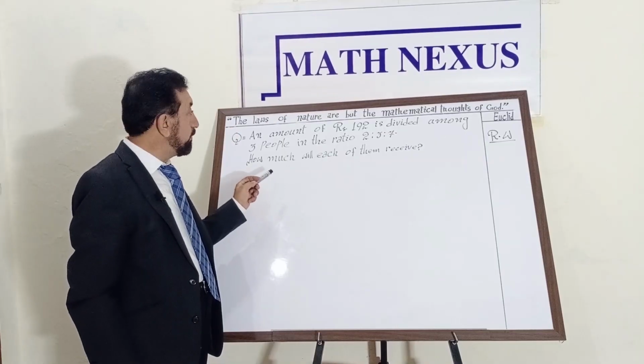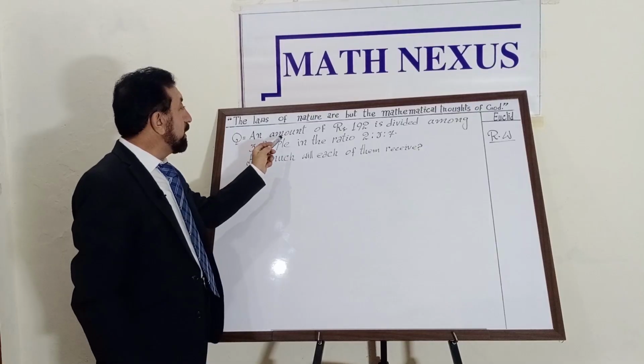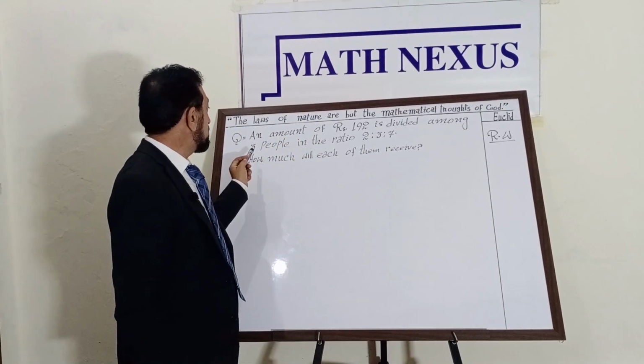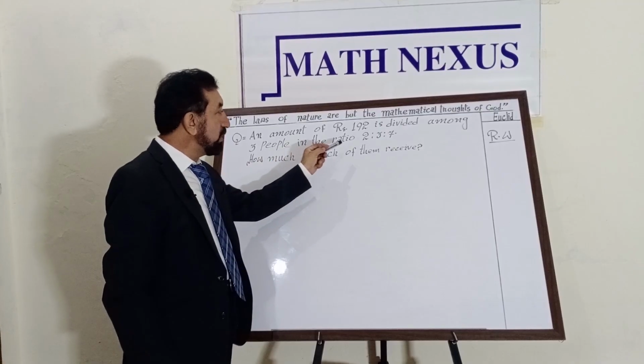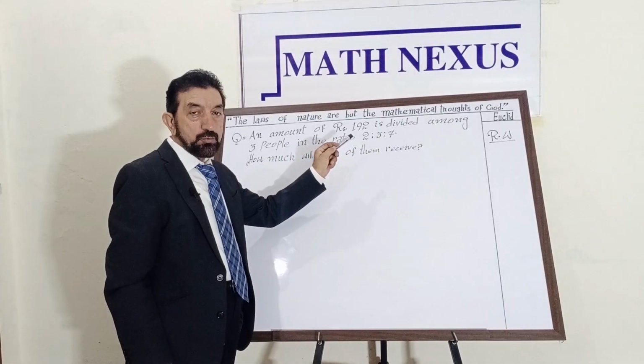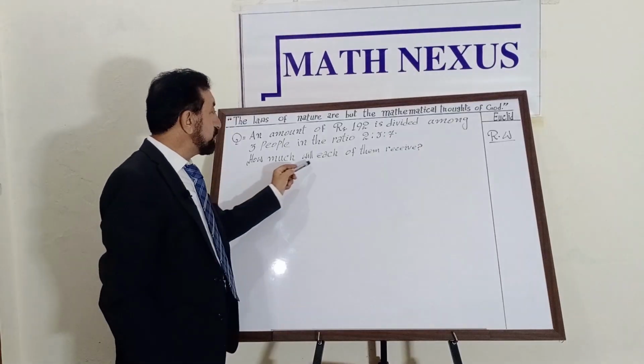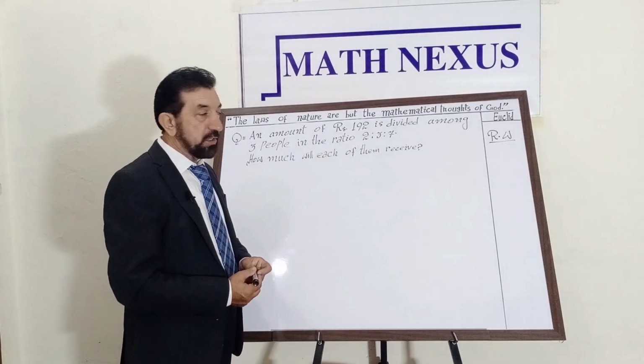Look at the question. An amount of Rs 192 is divided among 3 people in the ratio 2:3:7. How much will each of them receive?